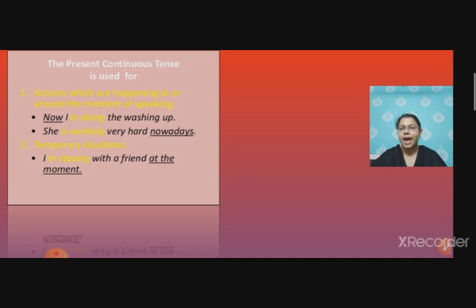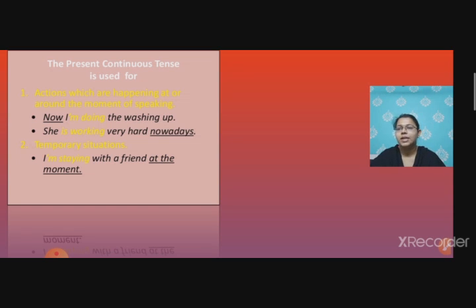That means the activity which is happening at that moment, while we are speaking. For example, now I am doing the washing up. So right now I am carrying out the work of washing. So I am doing the washing up.